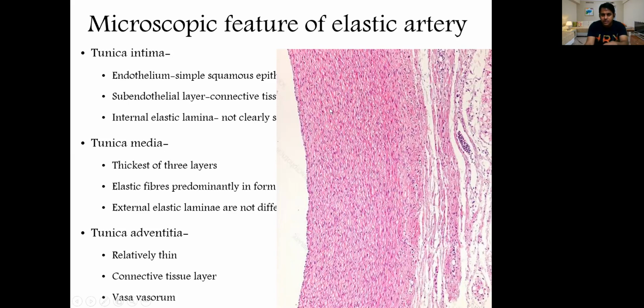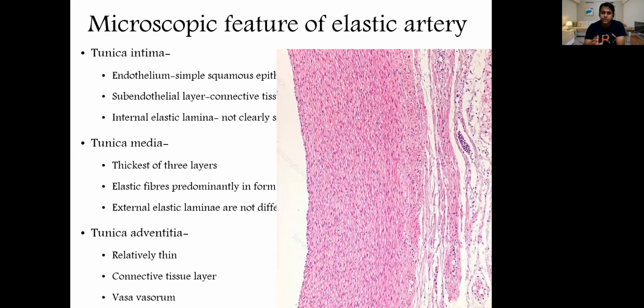You can see this thick nature, up to here is the tunica media, and it is completely filled with the wavy elastic fibers. These elastic fibers form sheets, and within these sheets lies the smooth muscles and the collagen fibers.